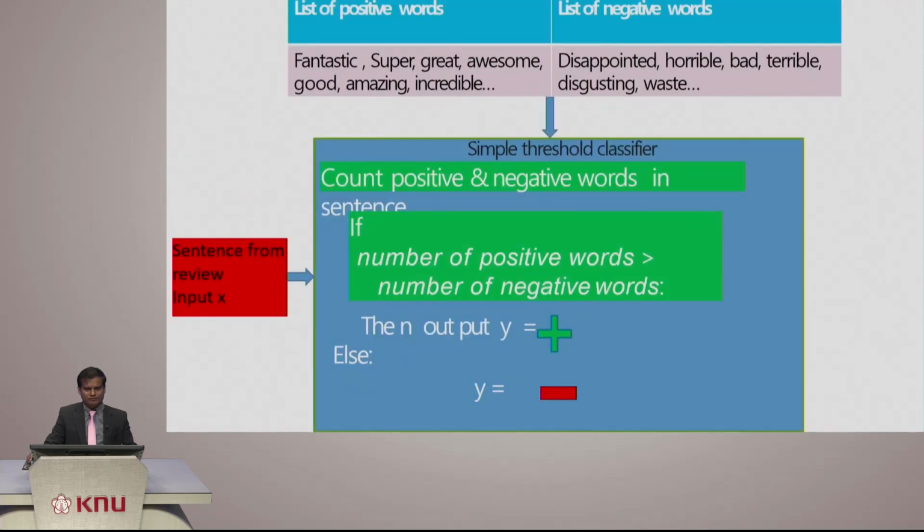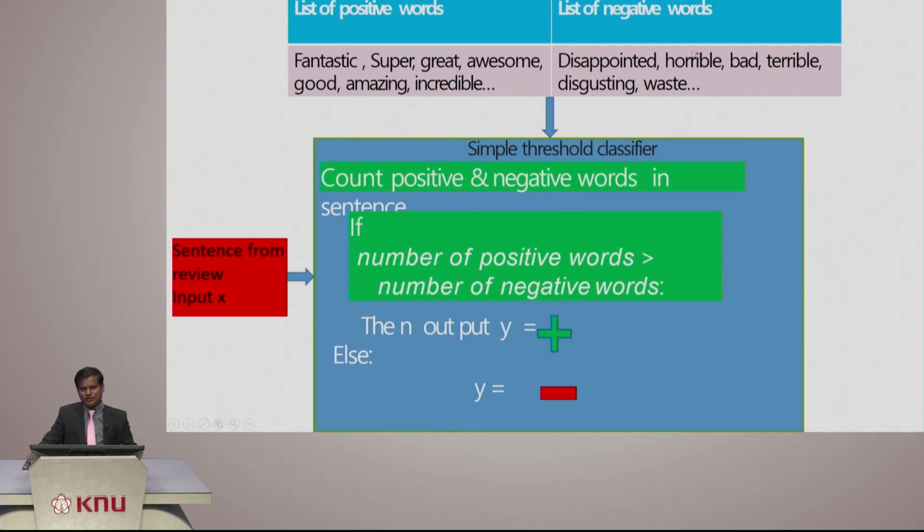So here is the thought. The sentence from the review is given as the input, and you have a list of words which have positive thoughts like fantastic, super, great, awesome, good, amazing, incredible. For example, these are positive words, and negative words like disappointed, horrible, bad, terrible, disgusting, waste.